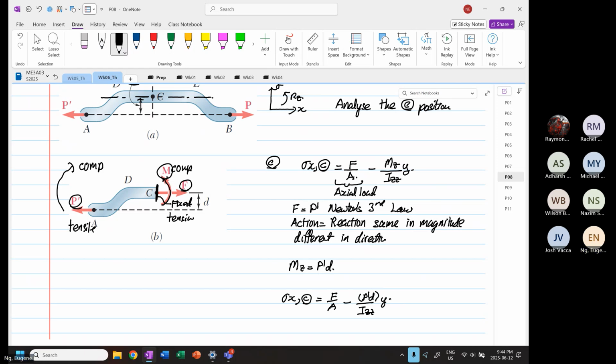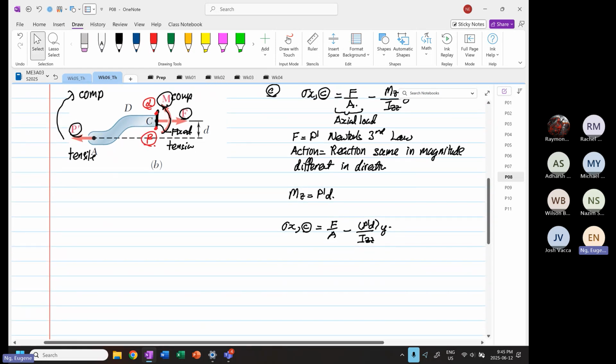Now I'm going to call the top part at point C alpha, and the bottom part beta.